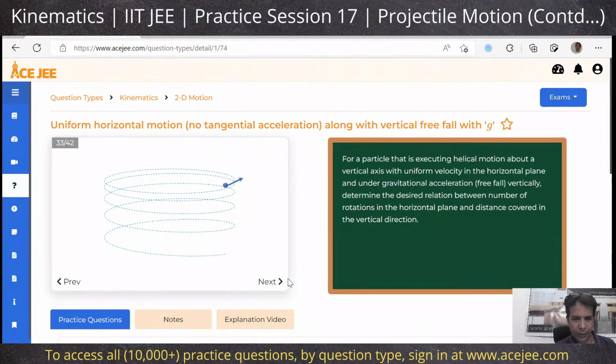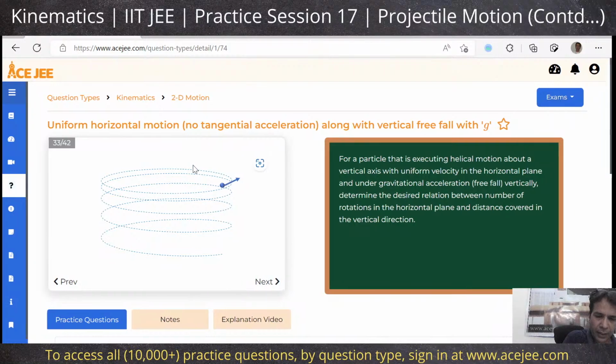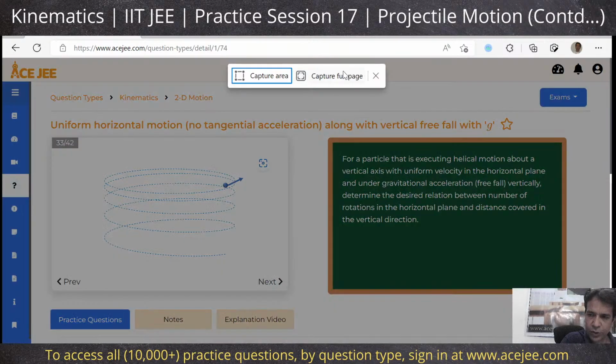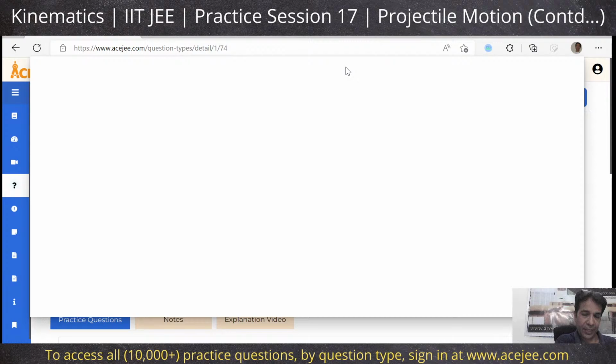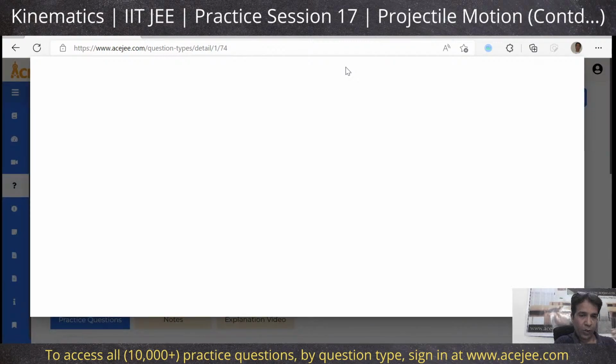To be more precise, imagine a vertical cylinder, a smooth vertical cylinder, and a particle has been projected with some velocity tangential to the cylindrical wall in the horizontal direction. The particle was moving with constant speed in the horizontal plane, but because of the gravitational pull downwards, it starts to descend.